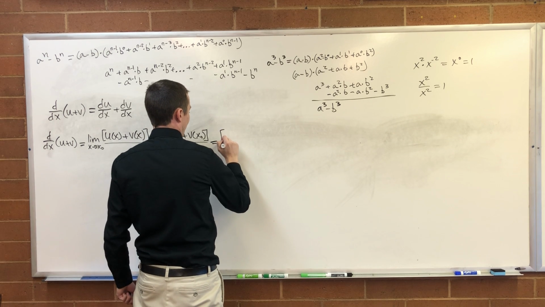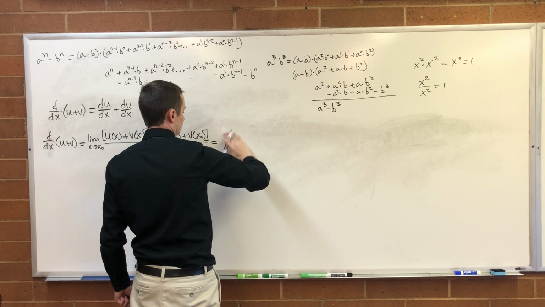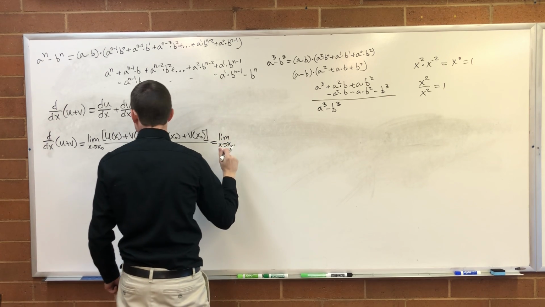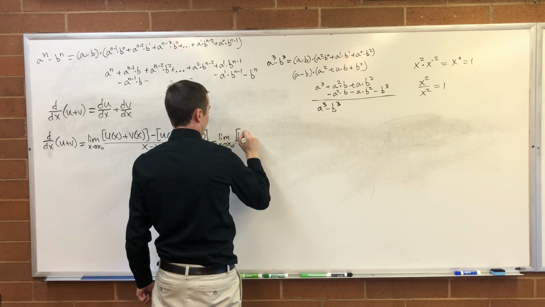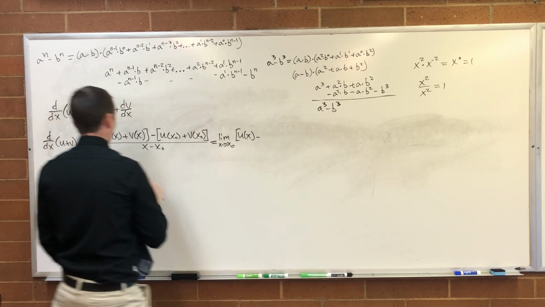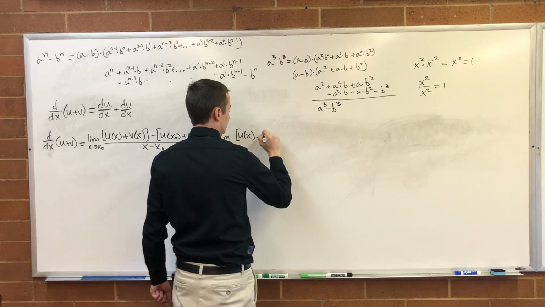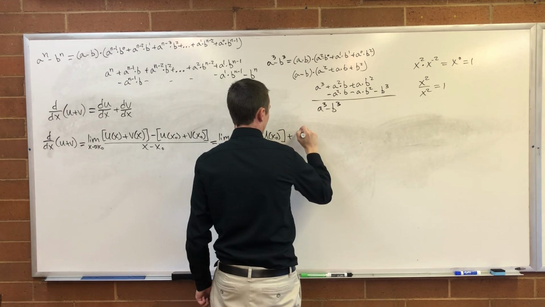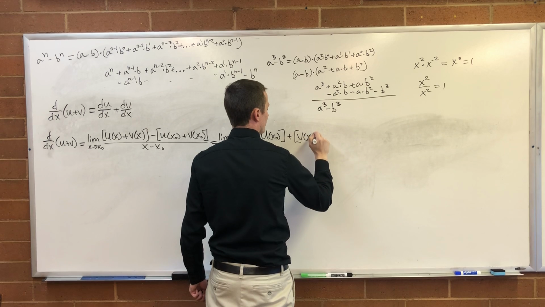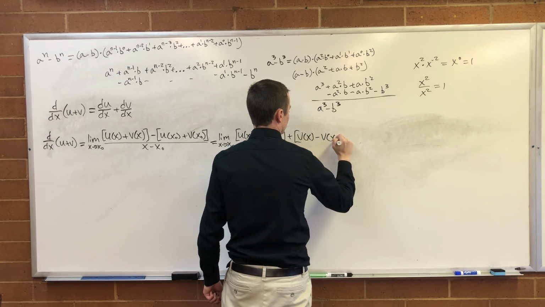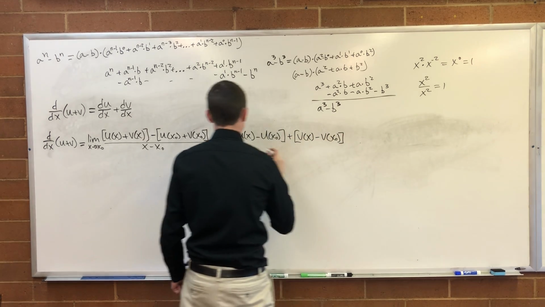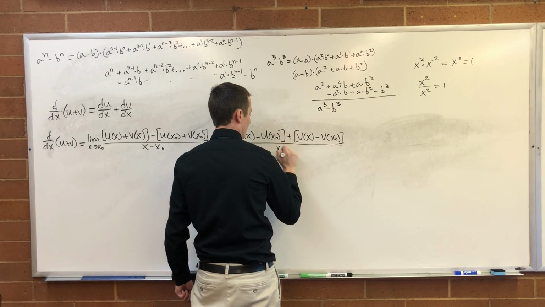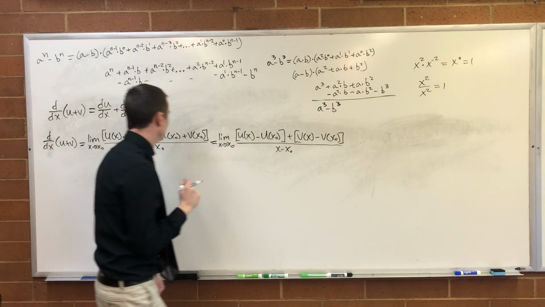So I'm going to write this as the limit as x approaches x naught of u of x minus u of x naught plus v of x minus v of x naught, all over x minus x naught.